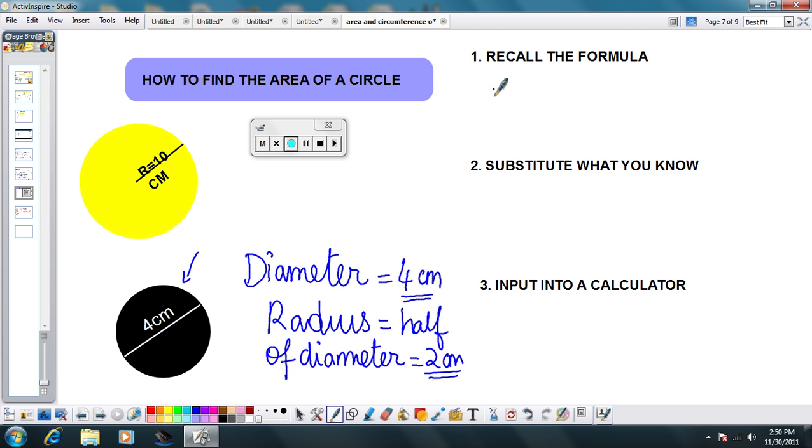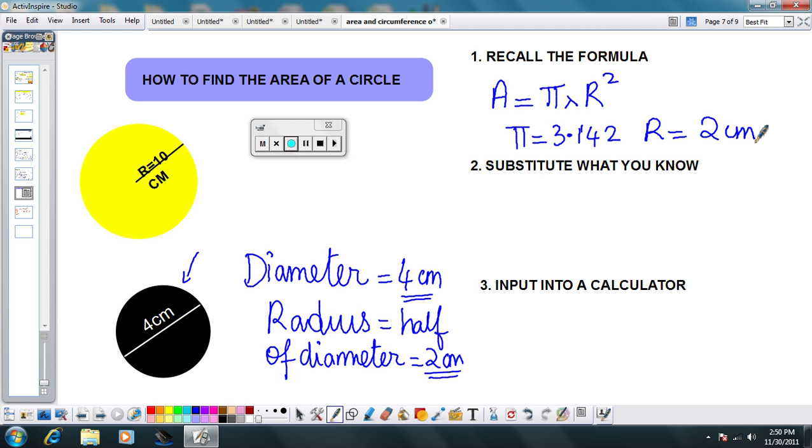So again, we're going to recall the formula. Area is equal to pi times r squared. We know pi is equal to 3.142. We know r, in our case, is equal to 2 centimeters, not 4, because the 4 is the diameter.